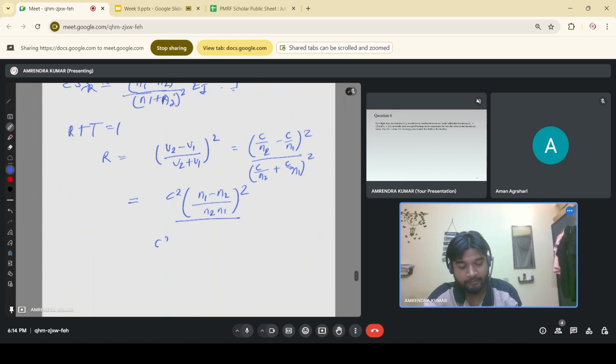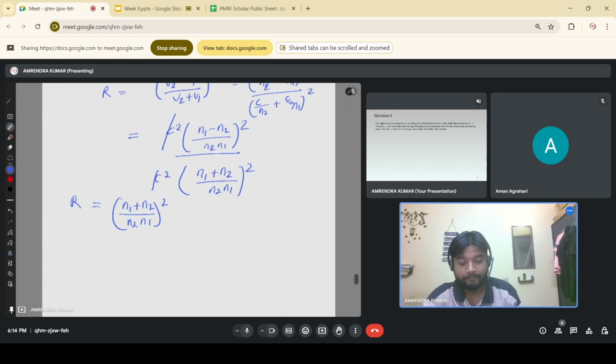The n1 n2 over n2 n1 squared will cancel out, so the factors you have are n1 plus n2 over n2 n1 whole square.